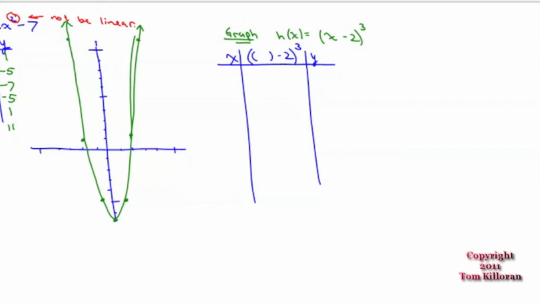Hey, I like that number, because 0 minus 2 is -2. Negative 2 cubed is negative 8. Okay, so the next number will be 1. 1 minus 2 all cubed.